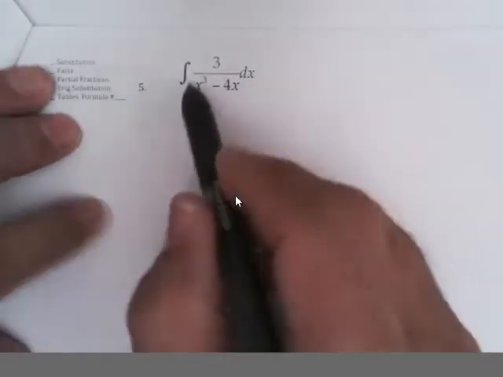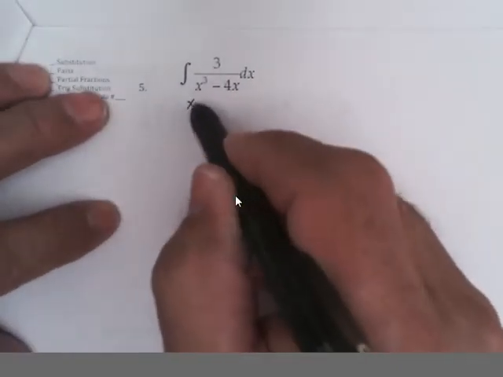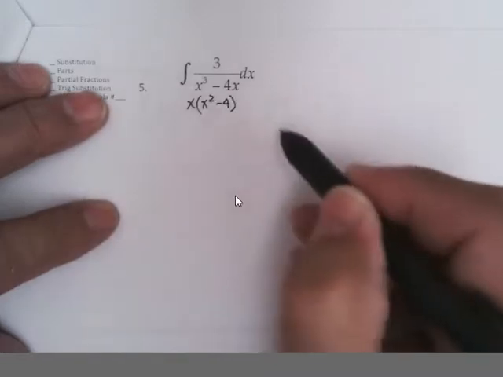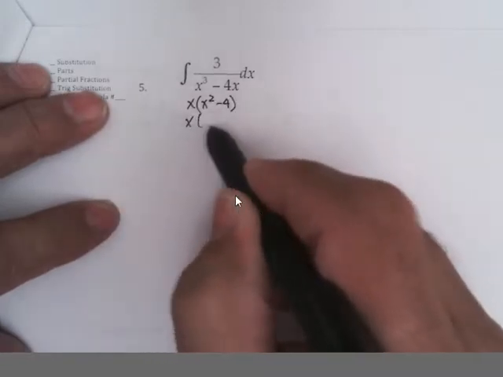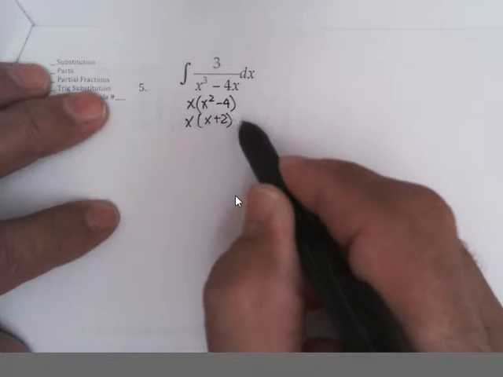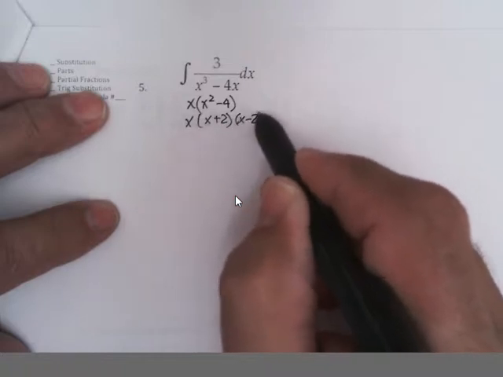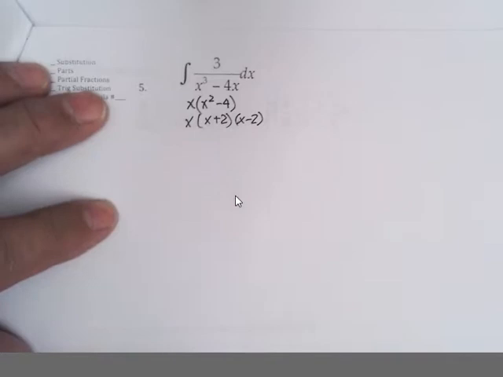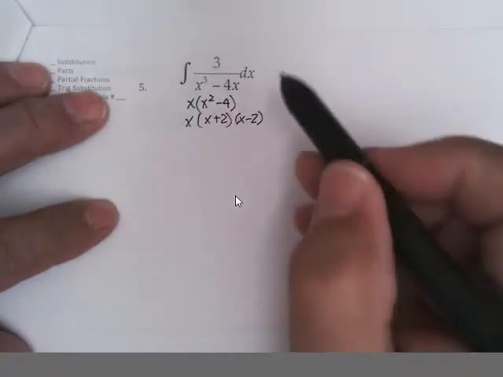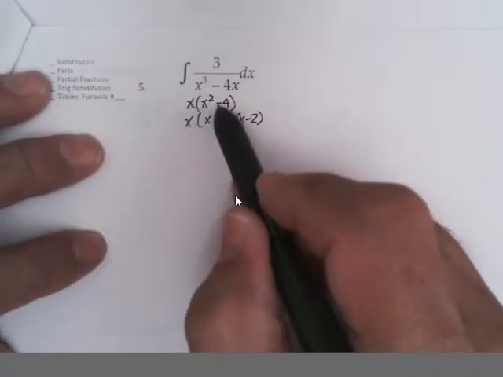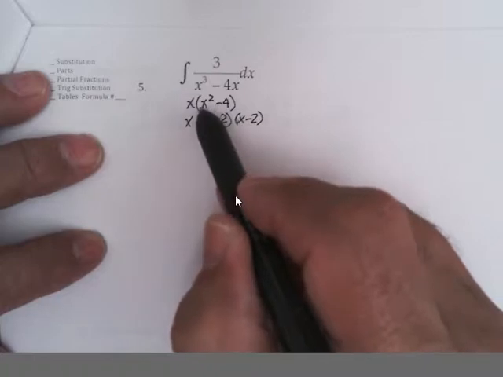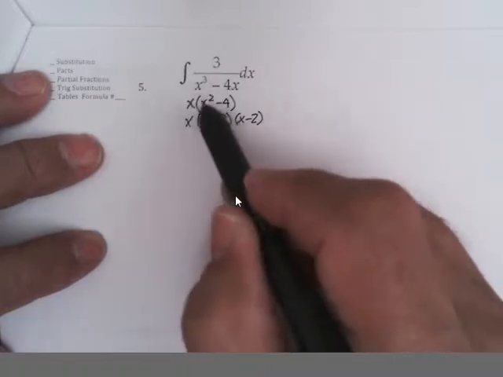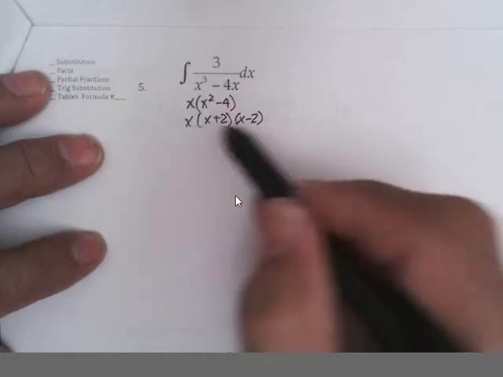Now, this denominator, you pull out an x, you get an x times x squared minus 4, and that becomes x times x plus 2 times x minus 2. They're all linear factors. They're all different. Now, some of you did it with this, and this, and it is possible to do that. This is a quadratic factor, and you have to do bx plus c, a over this, and bx plus c over that. But they're all linear factors.